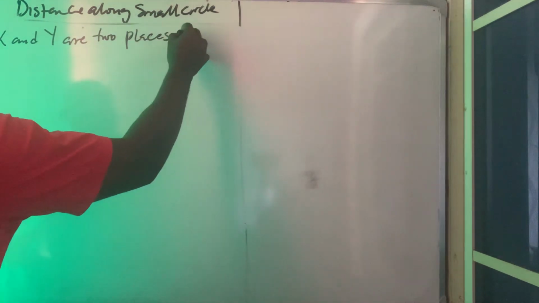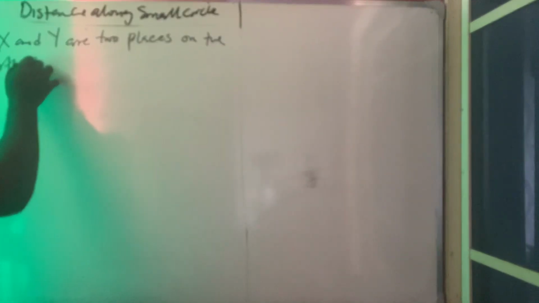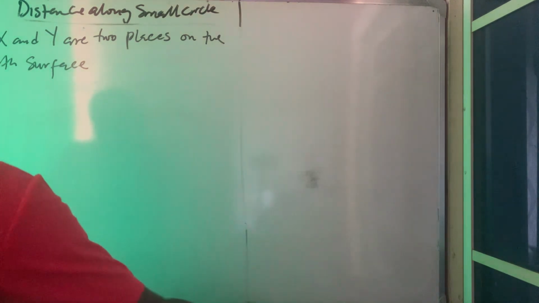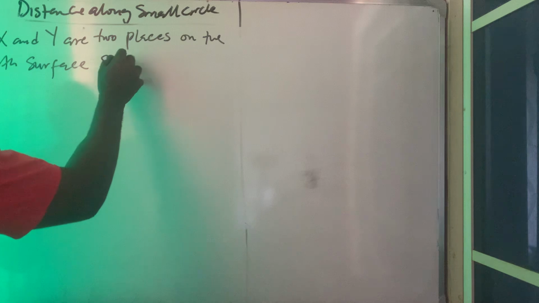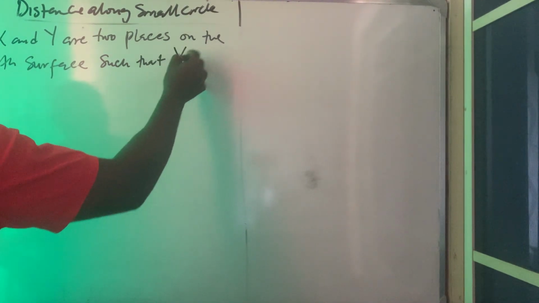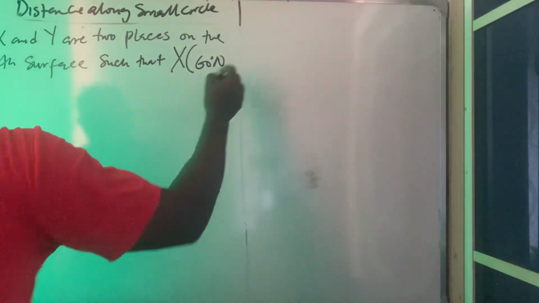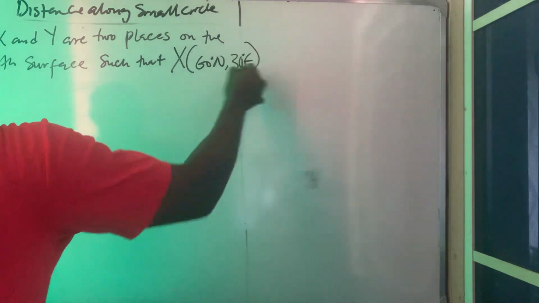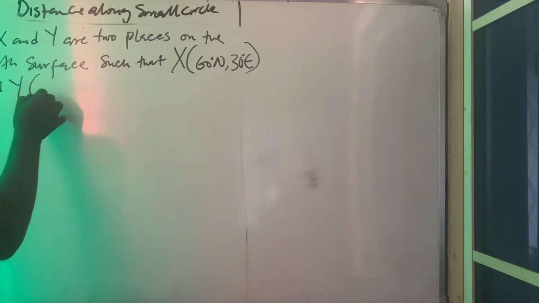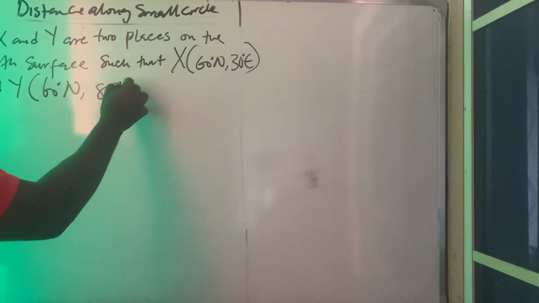X and y are two places on the earth surface, such that x is (60 degrees north, 30 degrees east) and y is (60 degrees north, 85 degrees east).